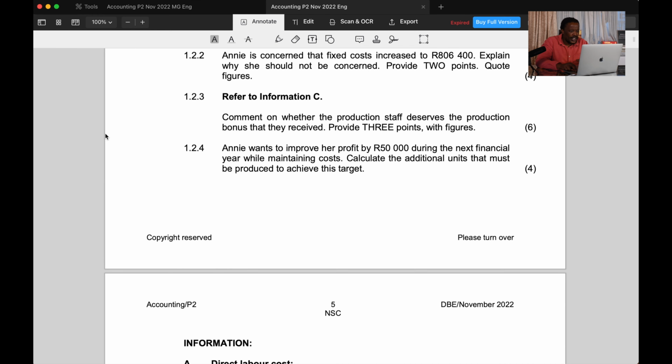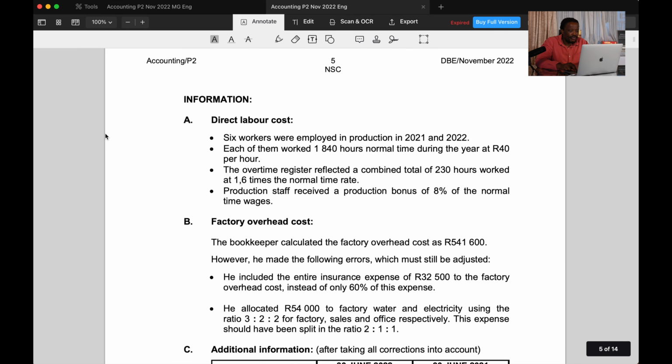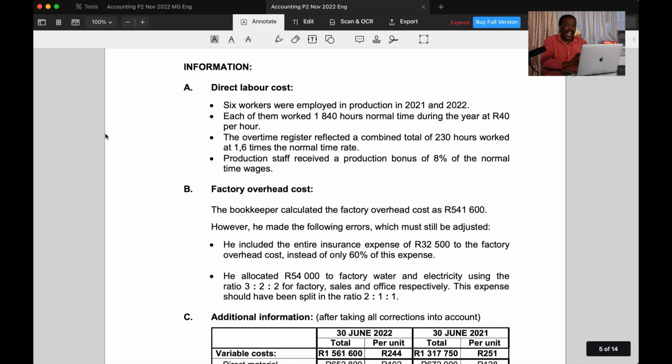We look at the question, number A, and I like how they put them formally, because number A will speak about this concept of question 1.1.